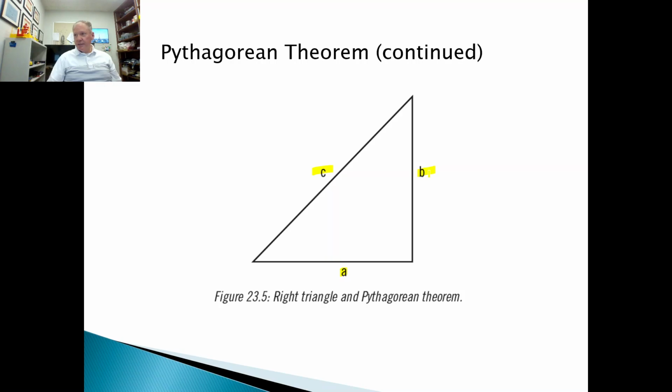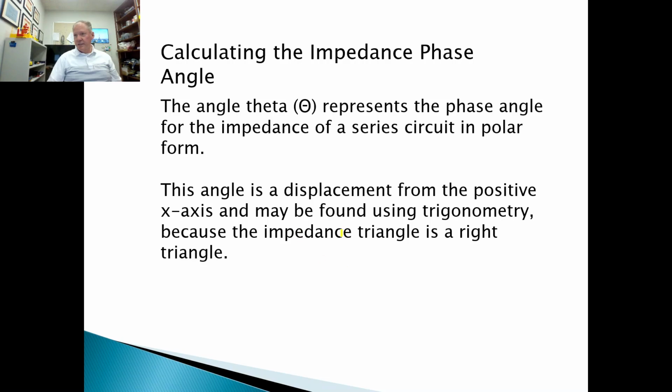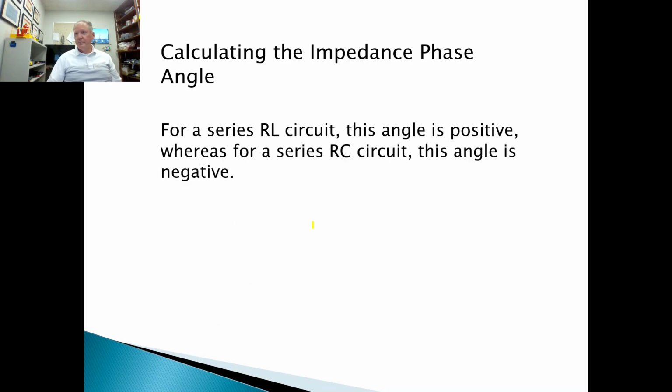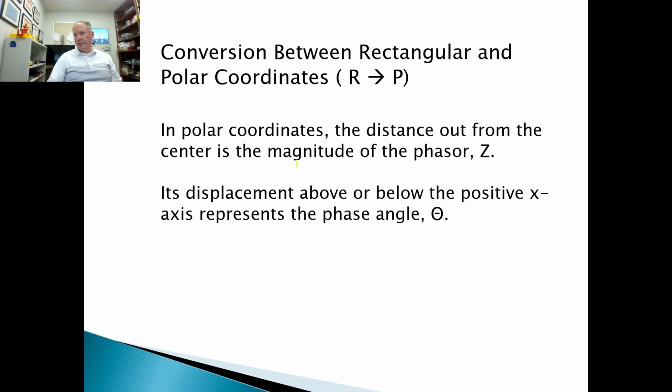So the opposite is the X, and then the adjacent is our actual resistance. Okay? So for a series RL circuit, this angle is positive, whereas for a series RC circuit, the angle is going to be negative. So if it's capacitance, it's going to be negative. If it's inductance, it's going to be positive.